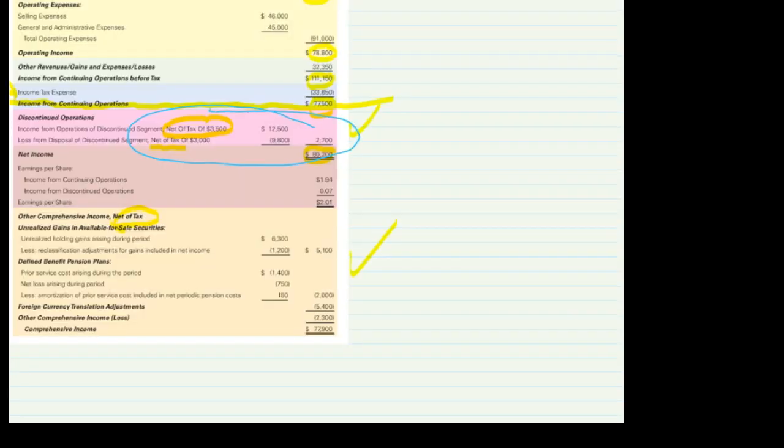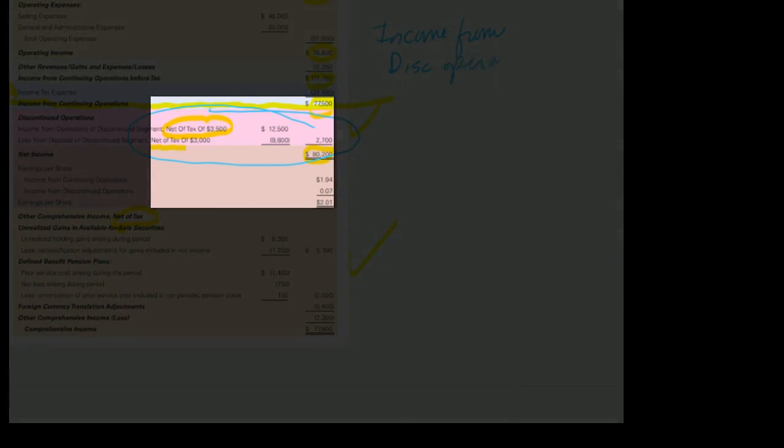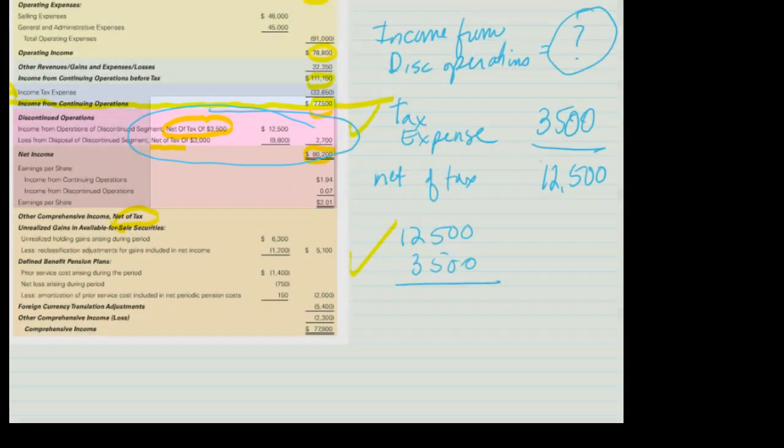Let's take a look at our discontinued operations over here, specifically the income from the operations piece. Notice that we have the $12,500, and that is net of tax of $3,500. Let's see how they got this number. $12,500 was the net amount. Well, what was the original income from discontinued operations?